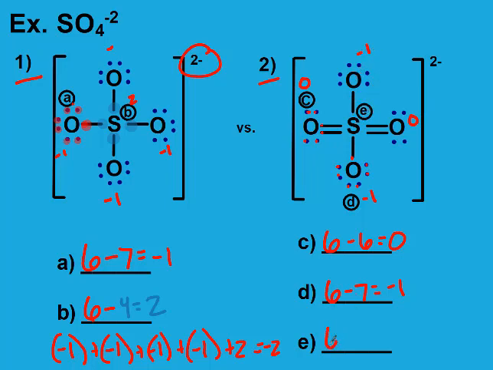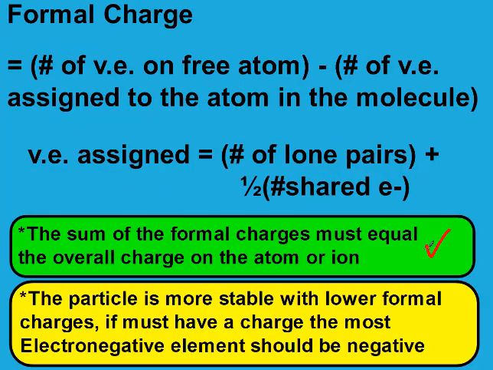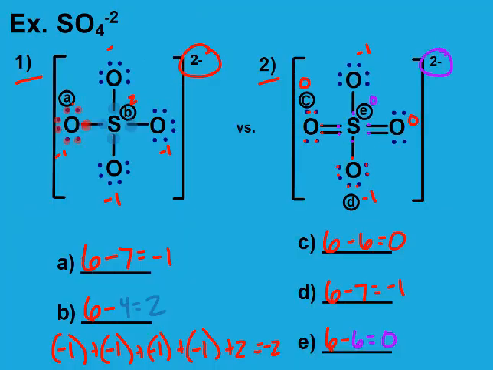And then sulfur, just like before, came in with 6, and sulfur currently has 1, 2, 3, 4, 5, 6. So that's a formal charge of 0. Notice if I add these all up, negative 1 and negative 1 gives me negative 2. So it also has a sum of the overall charge, but the particle that's more stable has the lower formal charges. So if I compare these, molecule 2 has the lower formal charges, therefore it would be the more stable.